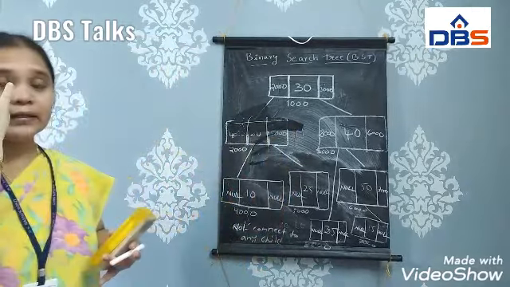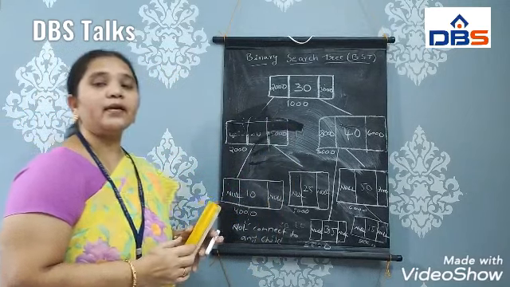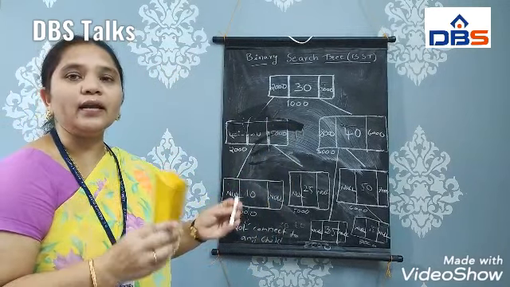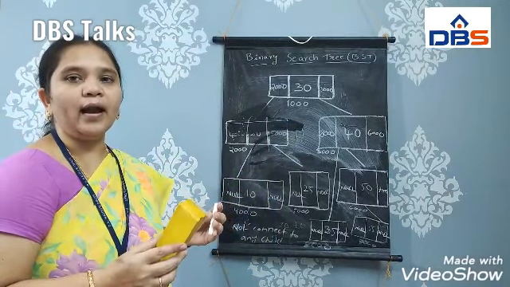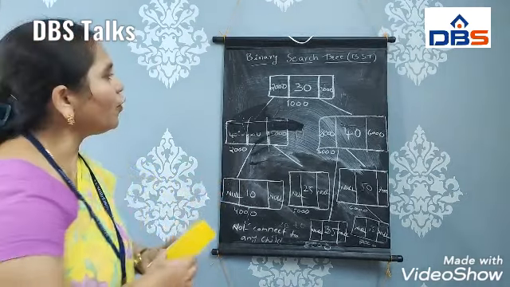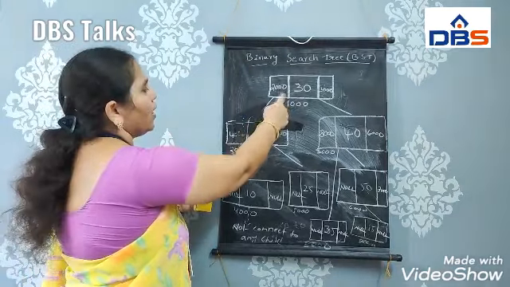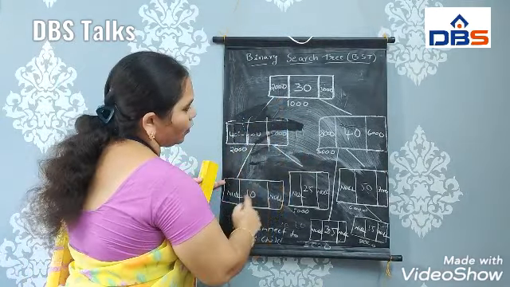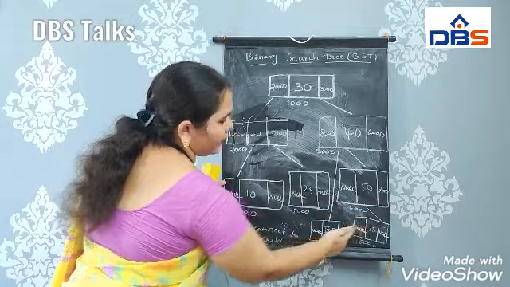One important point: a binary search tree containing n nodes has n plus 1 null nodes. Here, how many nodes do we have? 1, 2, 3, 4, 5, 6, 7, 8.